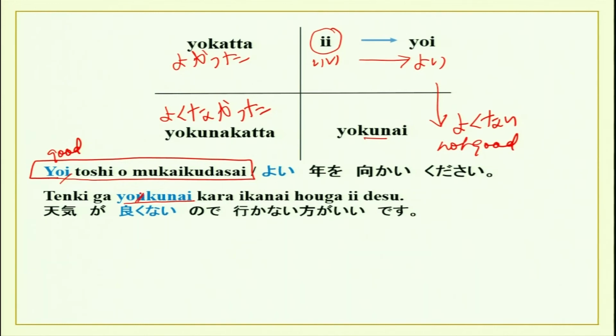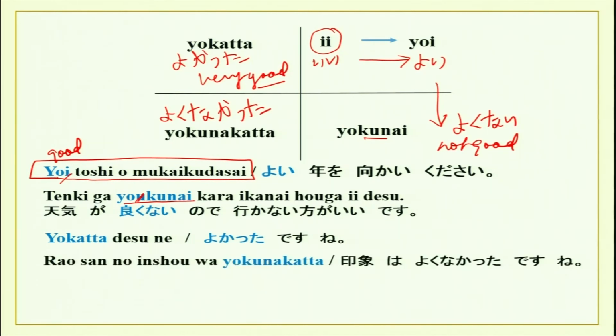There is a spelling mistake here. Then, yokatta desu ne. For example, if you get a good job, everybody will say yokatta desu ne. That's really great. That's very good. Congratulations, yokatta desu ne, omedetou gozaimasu. Or you get good marks in class, so, yokatta desu ne, ii desu ne.